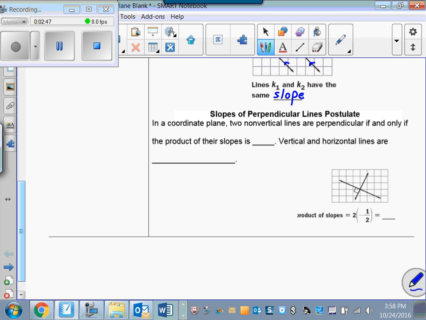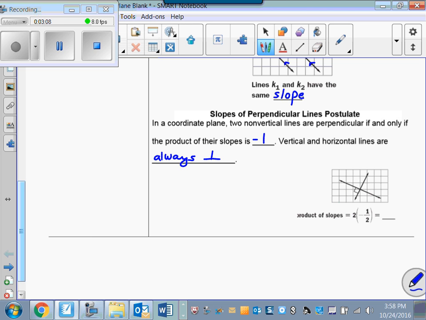All right, what do we know about the slopes of perpendicular lines? In a coordinate plane, two non-vertical lines are perpendicular if and only if the product of their slopes is -1. Vertical and horizontal lines are always perpendicular.